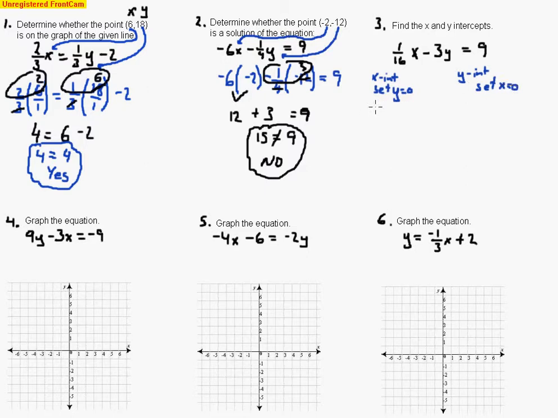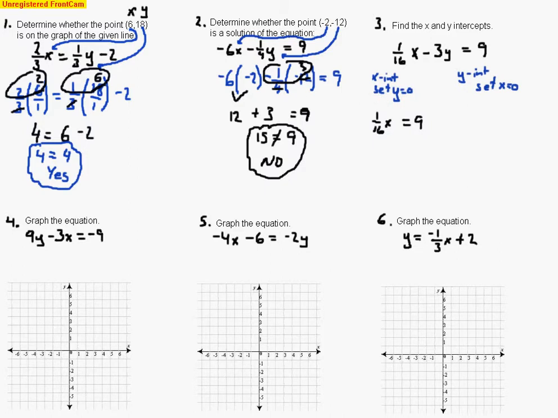So we go ahead and do the work there. And when I set something equal to 0, it cancels that term out. So for the x-intercept, I'm left with 1/16 x, and then it just equals 9, because again, that y term canceled out because I set it equal to 0.